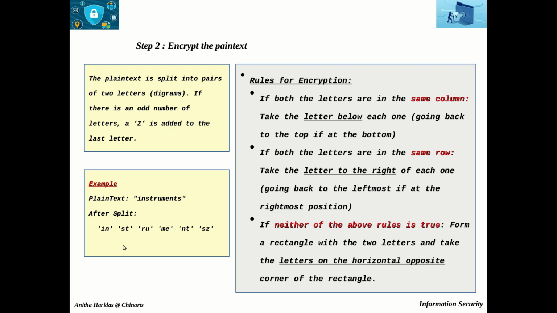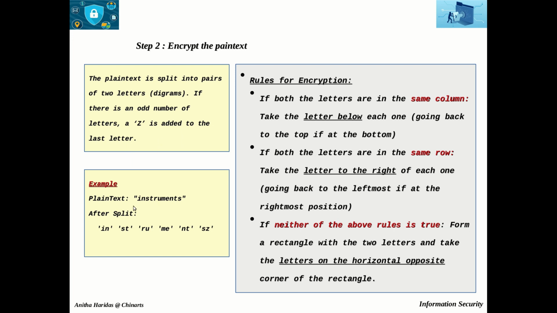Then in step 2, we go for the encryption process. For the encryption process, the plain text is split into pairs of 2 letters, which you call digrams. If there is an odd number of letters, then a Z or X, whatever bogus character you want, is added to the last letter. In the same way, if you have 2 same characters, then you can introduce a bogus character in between.